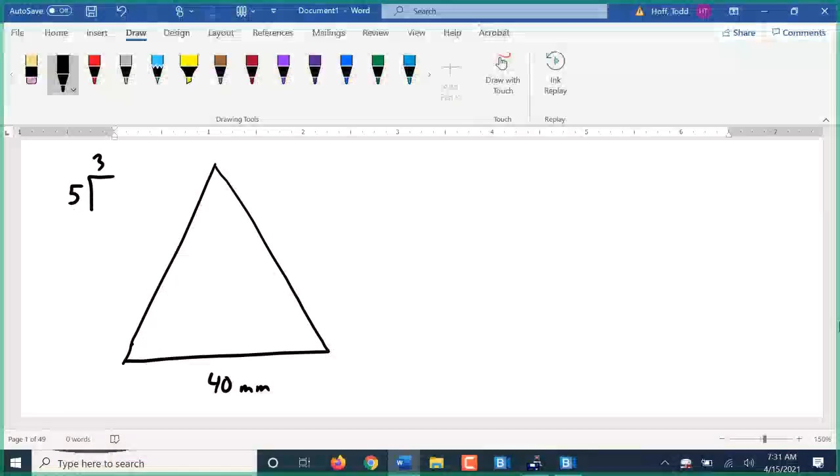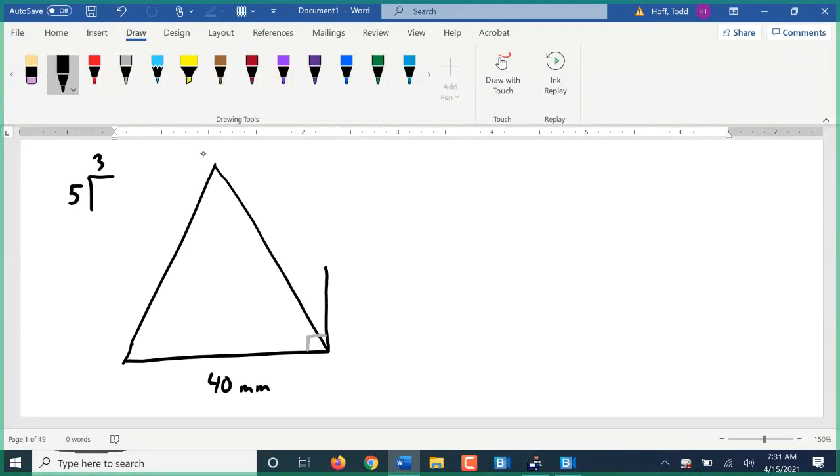So now, oops, I can get things adjusted here so I can actually see them. What we're going to do is from the bottom right corner here, we're going to extend a line straight up. So yes, that is a right angle there.